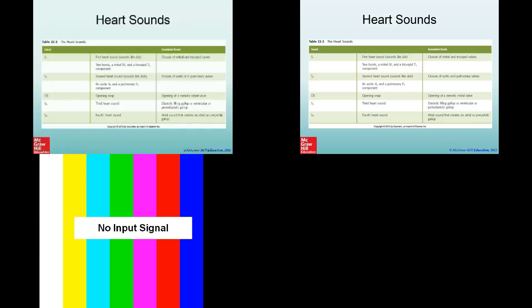Not only can you hear the dub sound, but you can hear the snap as it opens. It's an abnormal sound. S3, third heart sound, is a diastolic filling gallop. Not uncommon. S3 is usually not much of a concern. A lot of people have S3s.